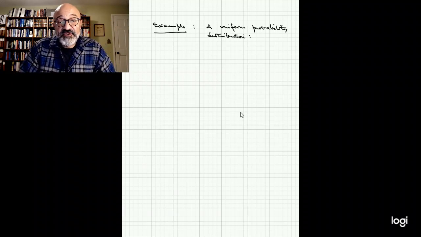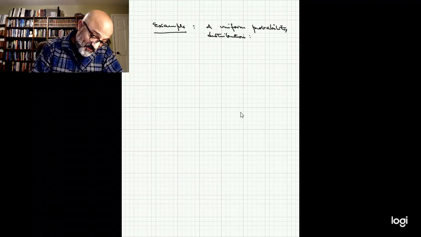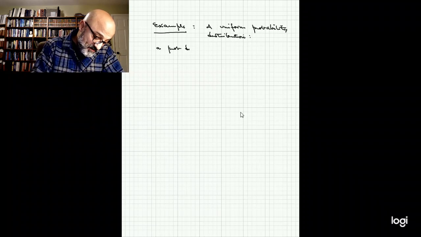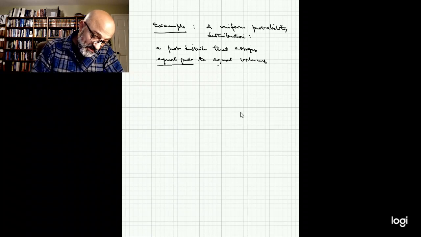A probability distribution that's uniform does not mean it's constant. By uniform probability distribution, we mean a probability distribution that assigns equal probabilities to equal volumes. So equal probabilities to equal volumes.